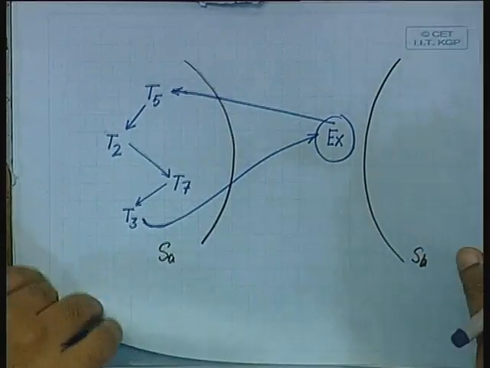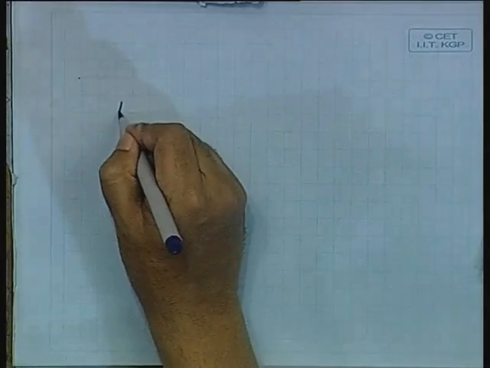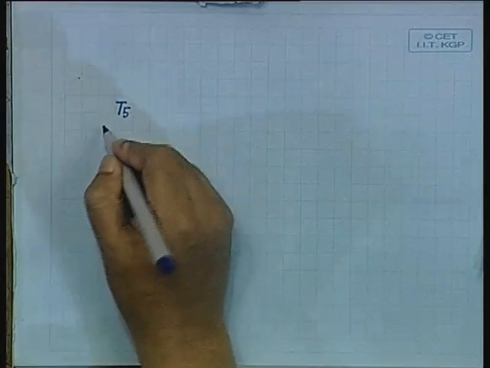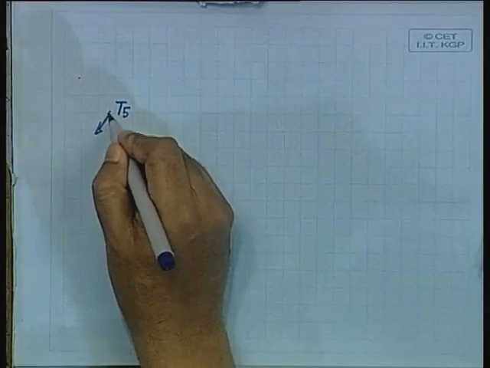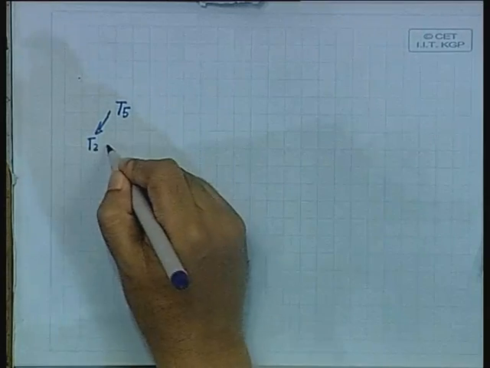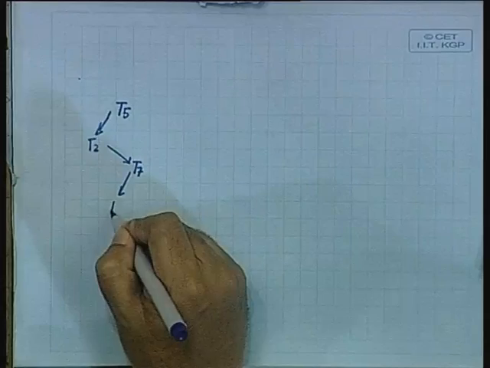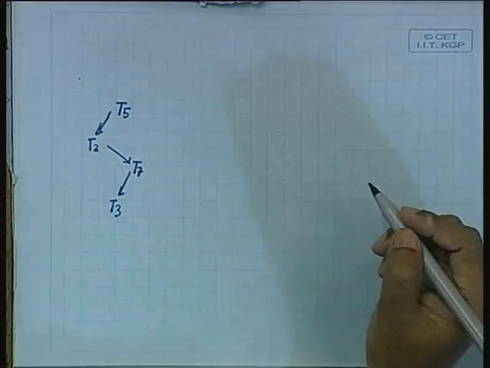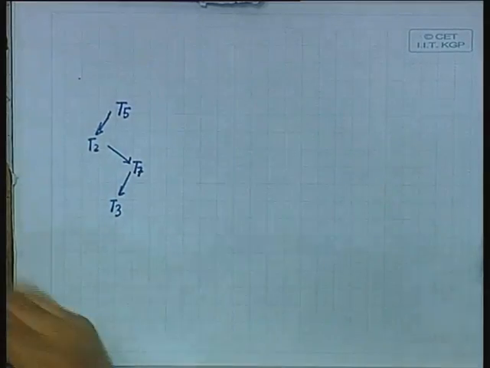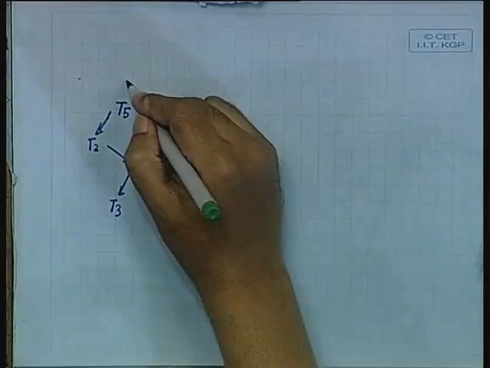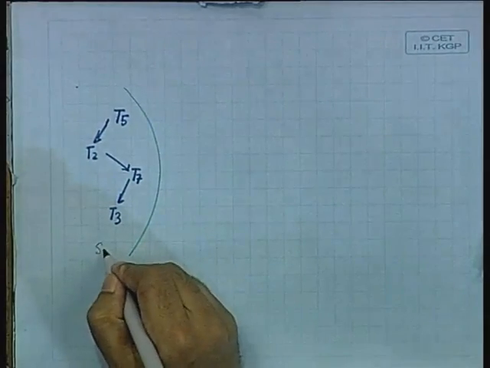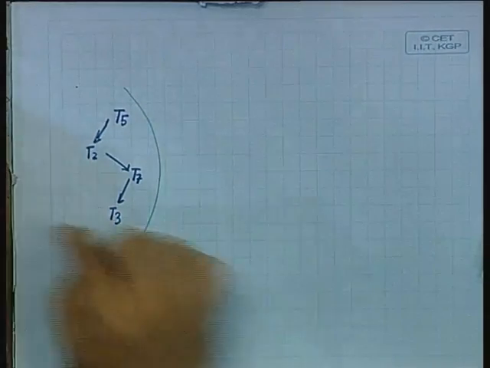So, let us look at an example. Suppose in one site I have T5 waiting on T2, waiting on T7, waiting on T3, and this is in one site. Let us call this SA, and then T3 is blocked on something.